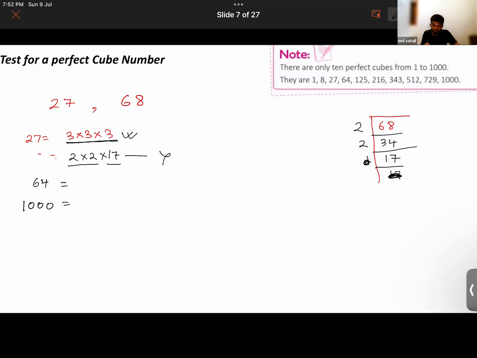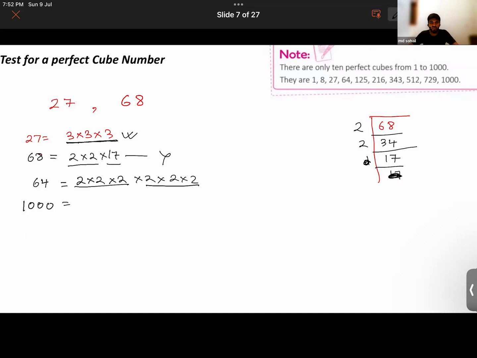Sir, 2 into 2 into 2 into 2 into 2 into 2. Okay, we can do it like that. 2 into 2 into 2, and then again 2 into 2 into 2, right? So we get 2 triplets here.